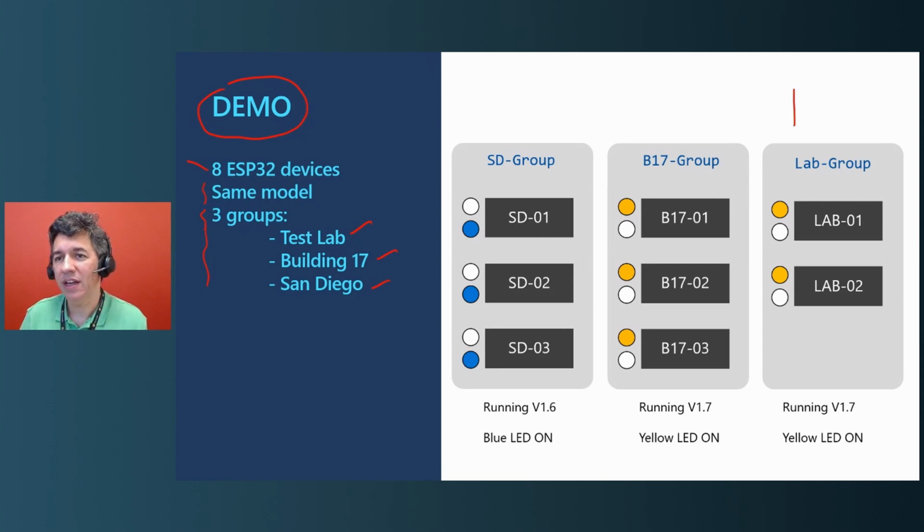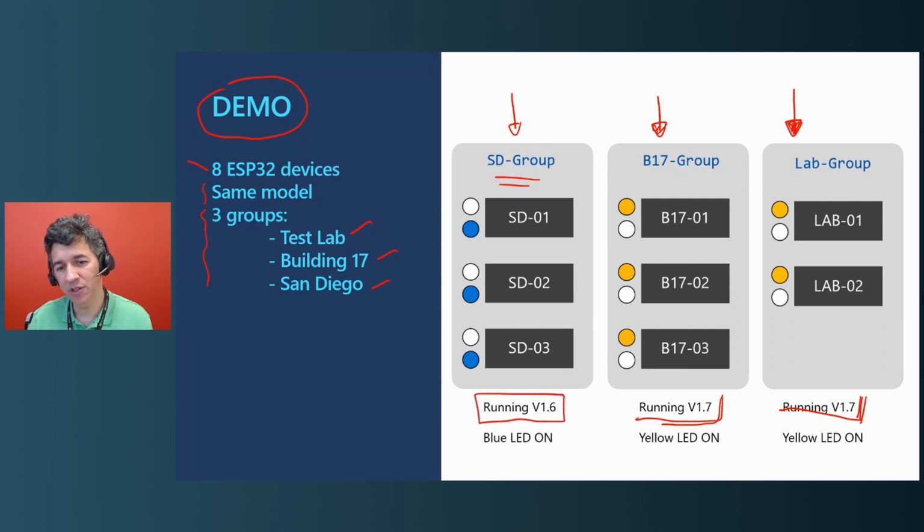I have a lab group, which is running the firmware version 1.7. Building 17 group is already updated to version 1.7. And then what we're going to be doing is updating the San Diego group, which is currently running version 1.6. So as you can see, it is one version behind.